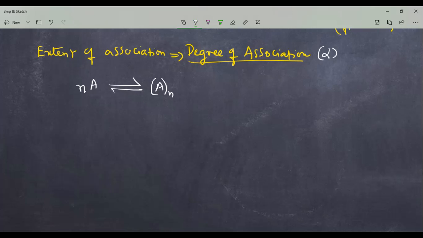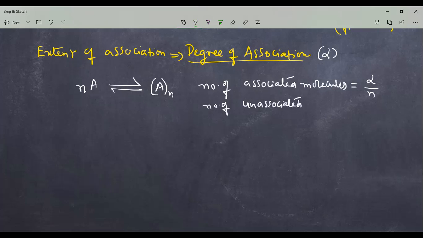Then the number of associated molecules is alpha by n, and the number of unassociated molecules is 1 minus alpha.